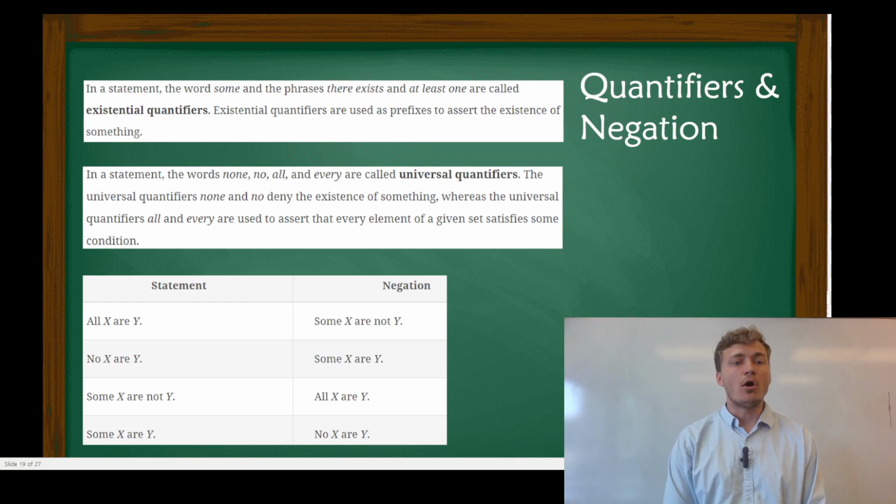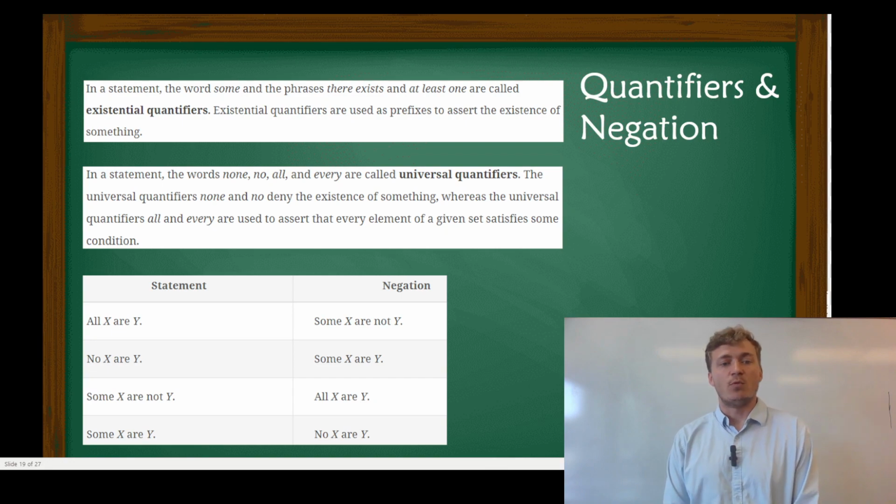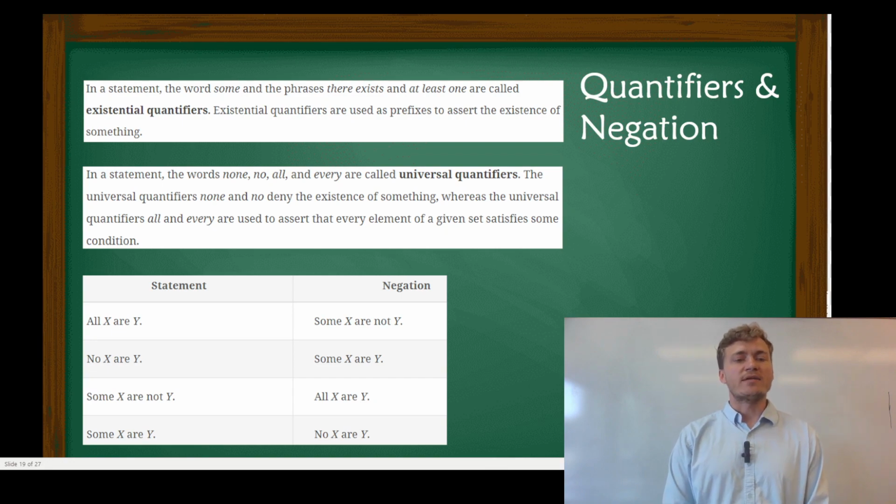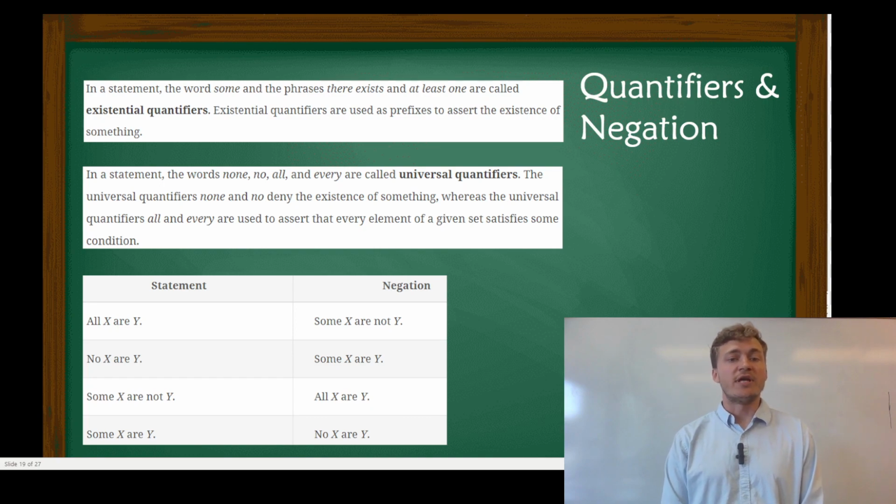The statement all X are Y, to negate that, just simply find something that isn't Y. No X are Y, to negate that, just find something that is Y. Some X are not Y, to negate that, all X are Y. Some X are Y, to negate that, no X are Y.